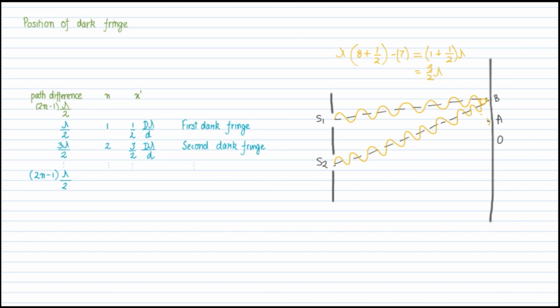Now in this case, what will be the value of n? The value of n is n. And in this case, what will be the position? The position will be twice of n minus 1 upon 2 times d lambda by small d.